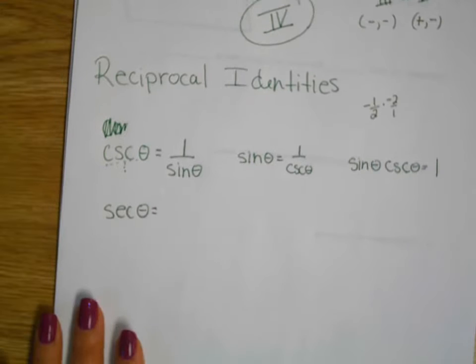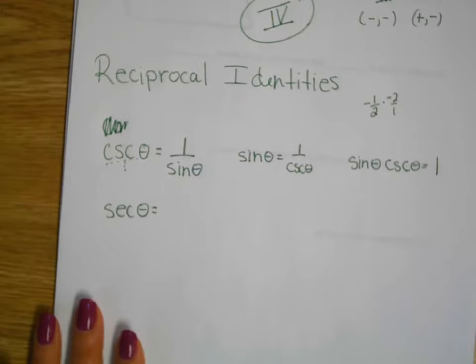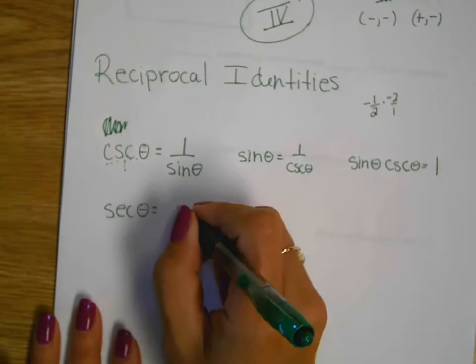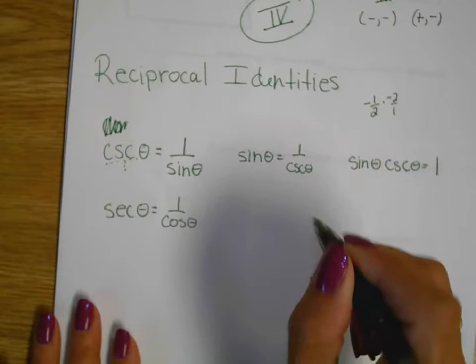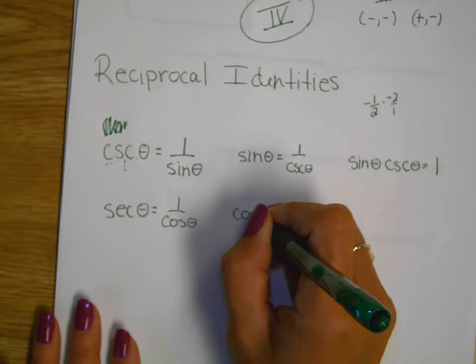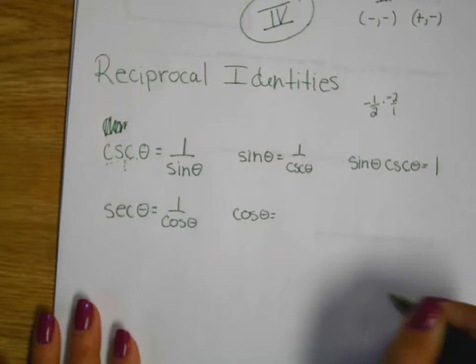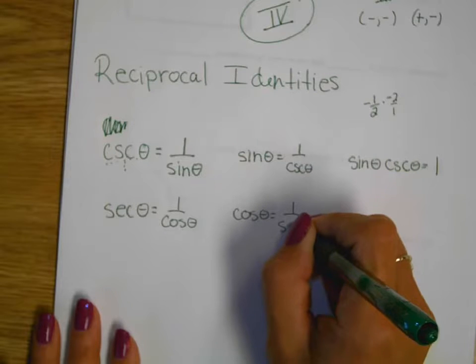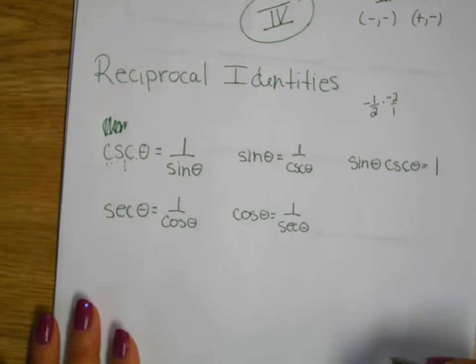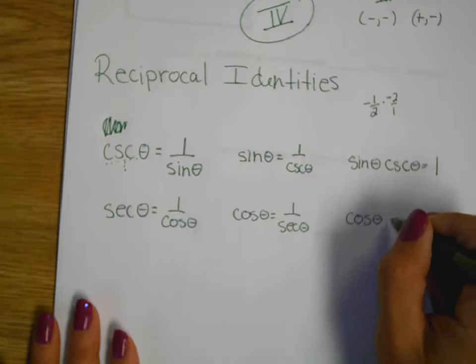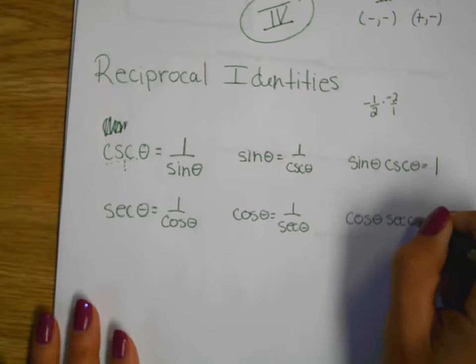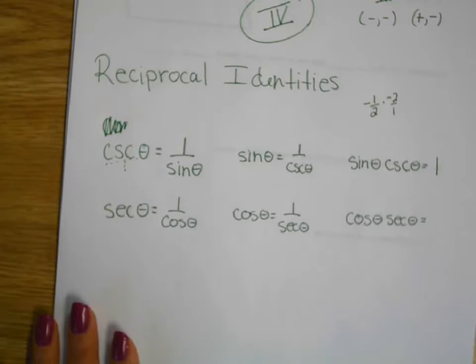How do we get the secant ratio? Which function are we flipping over? 1 over cosine. And if I had secant given to me, I could get cosine by flipping that over. And I know if I multiply the cosine ratio by the secant ratio, because those are reciprocals of each other, everything reduces down to 1.